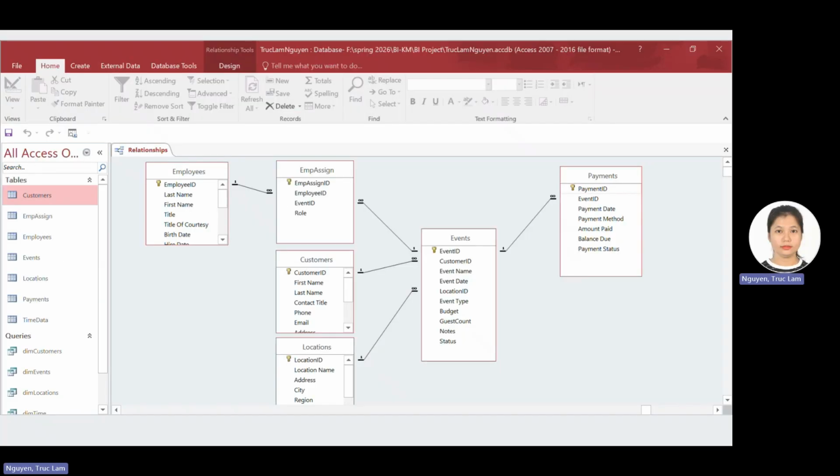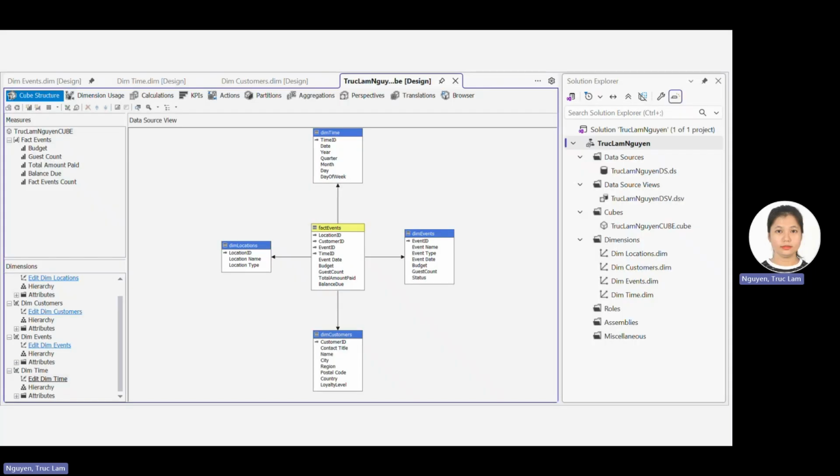Here's my operational database. I created six main tables, which are employees, customer, location, employee assignment, event, and payment. And here's my star schema. At the center is the fact event table with business measures including purchase, guest count, total amount paid, payment dues, and fact event count.